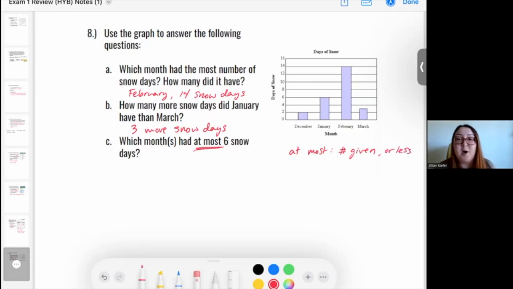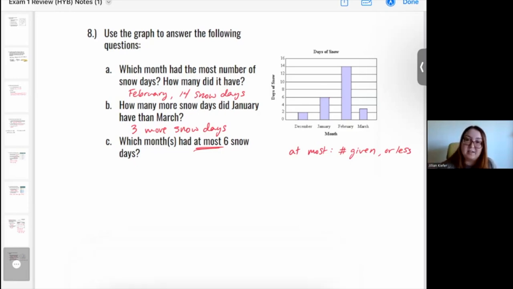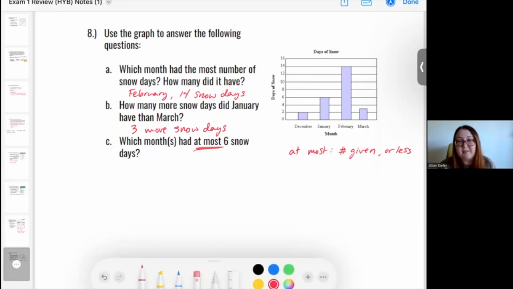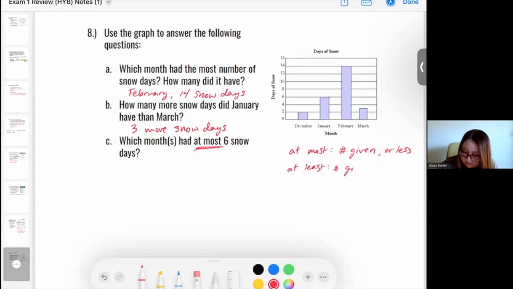So if we have at most 6, that's the most I can have. I can have 5, 4, 3, 2, or 1, or even 0. Then the difference on that, which we don't have here, but at the same time, at least means the number given or more. So it's important to know those distinctions. At most means 6 or less.